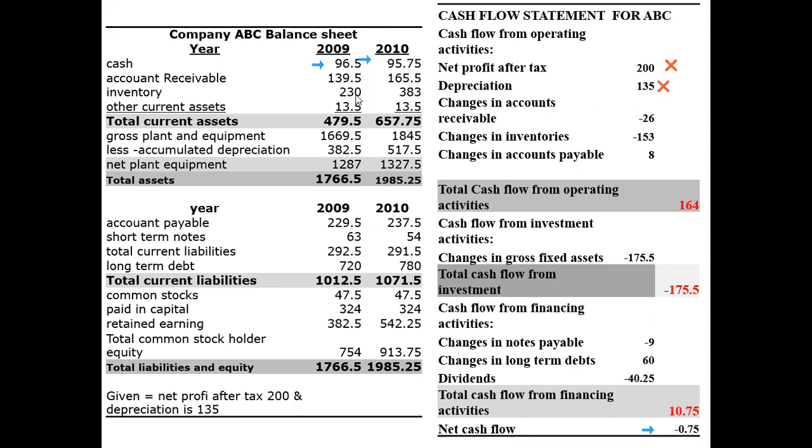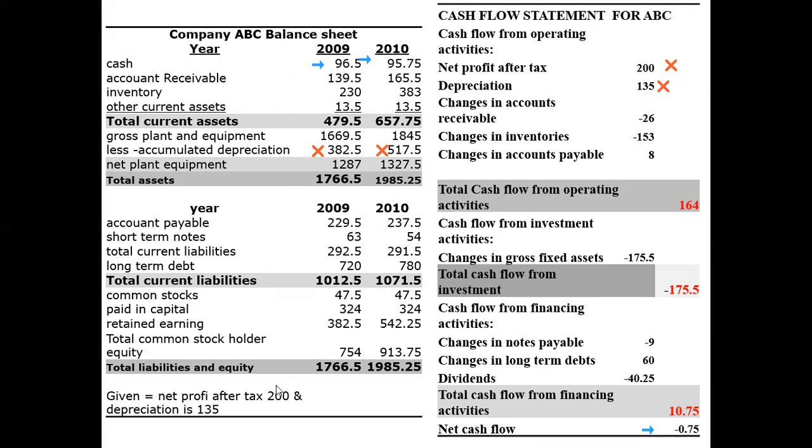If the depreciation is not given, it can be calculated as the difference between the accumulated depreciation, which gives me 135. So you have 2 ways to calculate the depreciation: either it is given in the income statement, or it is the difference between the accumulated depreciation.